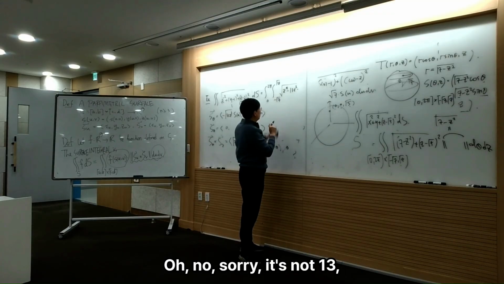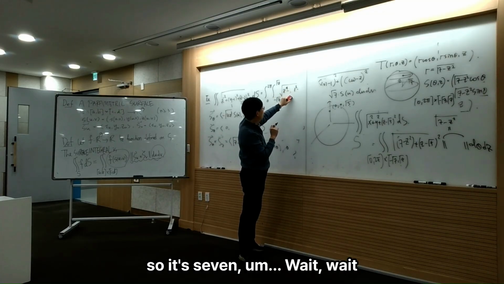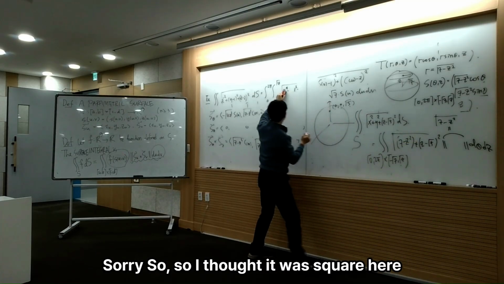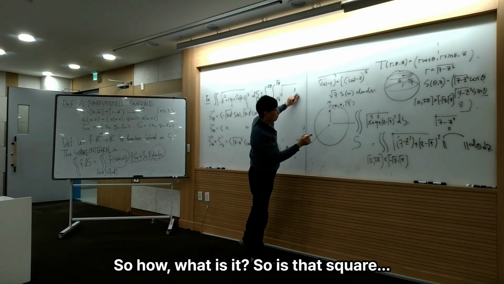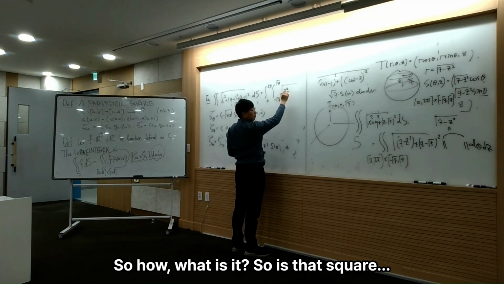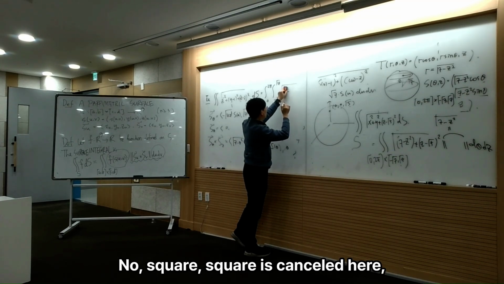Oh no, sorry, it's not 13. So it's 7. Wait, so there's a canceling out, right? Sorry, I thought it was a square here. So what is it? z squared is canceled here.